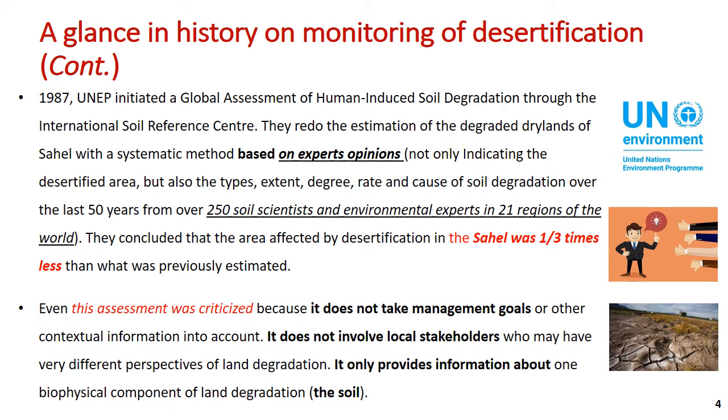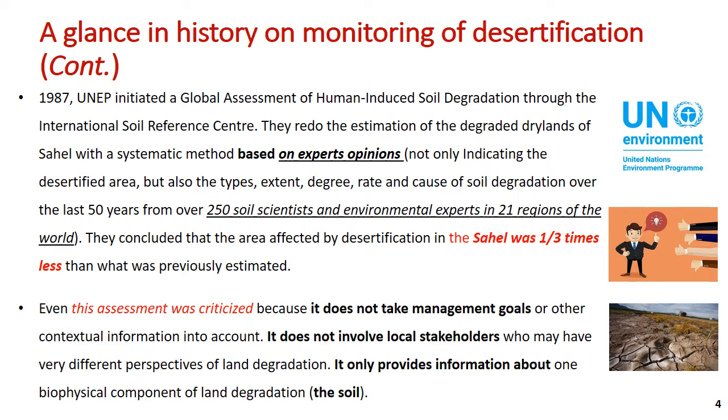Basically, what they did, they redid the estimation of the amount of area that is desertified in the Sahelian desert. And this time, the assessment was based on the experts' opinion. So they asked around 250 soil scientists and environmental scientists from over 21 regions in the world to come to the Sahelian area and redo the estimation.